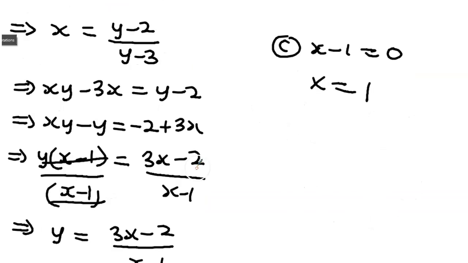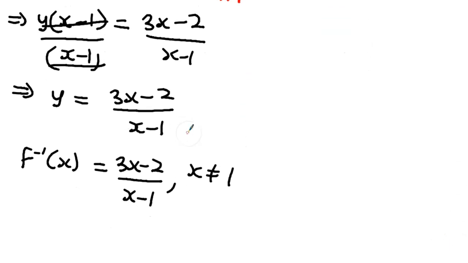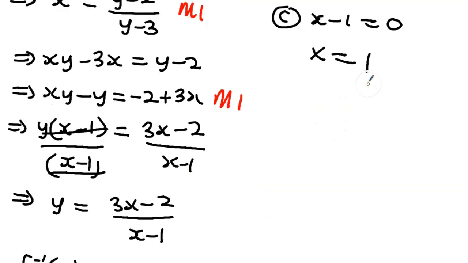If the person is able to make that substitution, changing x and y, then you get M1. And then simplifying to this level, get A1. And the final answer, with this condition, get A1. If the student doesn't bring this, he will lose this mark. And the B part, x is equal to 1, that is B1.